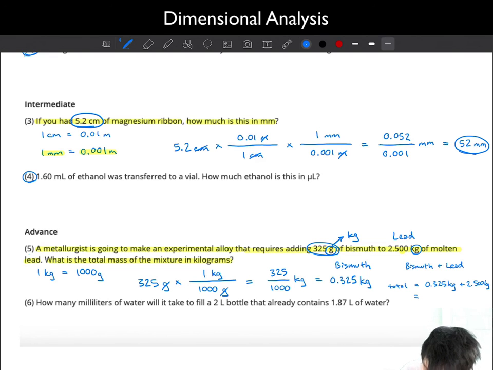The total is, let's see, 0.325 plus 2.500, right? And what I'm getting is 2.825 kilograms. And since they're both kilograms now, you can add them together. If they're not both kilograms, you can't add them together. It doesn't work that way.